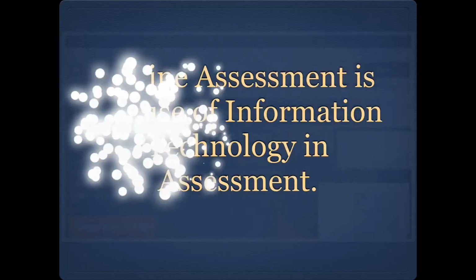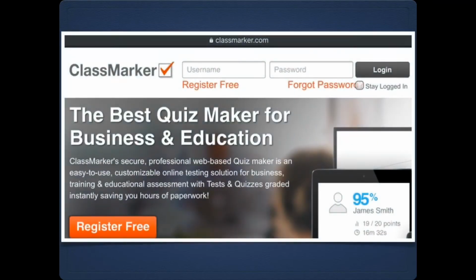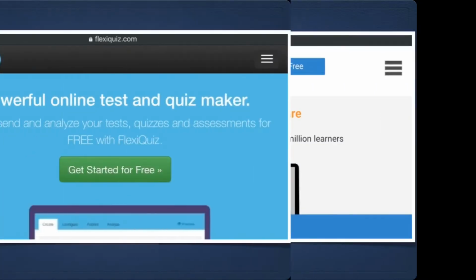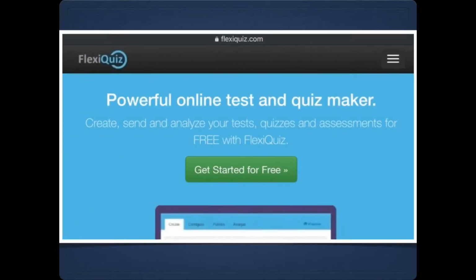Let me show you some examples of websites that specialize in online assessment. You have ClassMarker, ProProfs, and FlexiQuiz. I could easily have shown you dozens more of these websites. They are very common on the internet, and all of these sites have their own strengths and weaknesses.